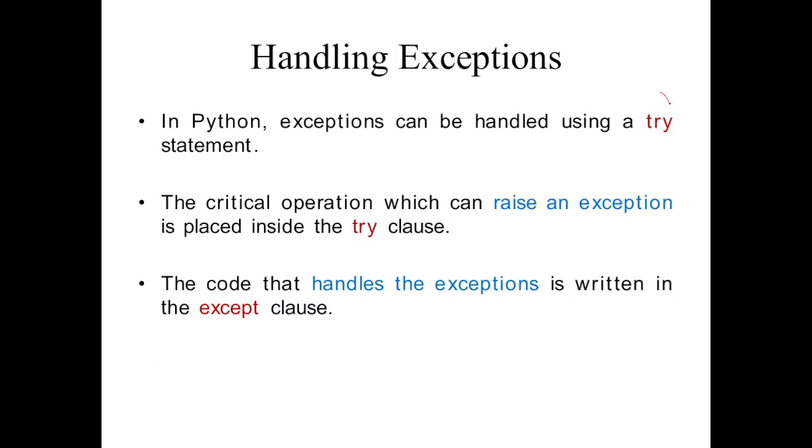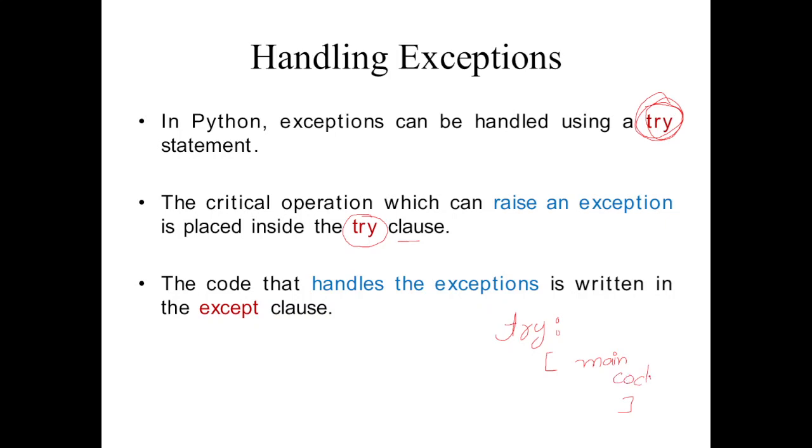For this reason, we use a block which is called a try block or try statement. The critical operation which can raise an exception is placed inside a try clause, which means anything which can lead to an exception, or the main code, is written in our try block.